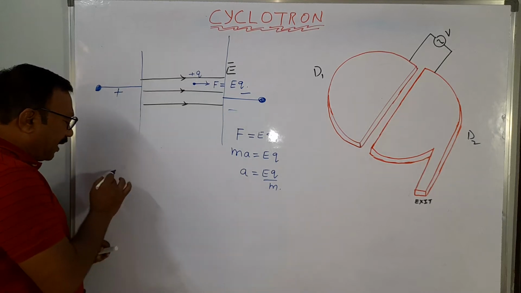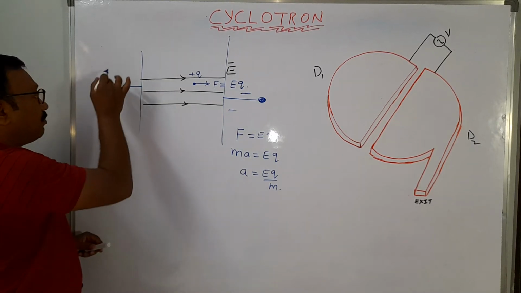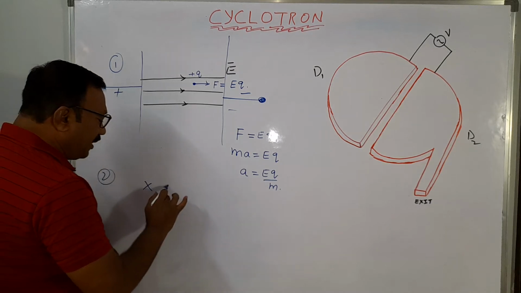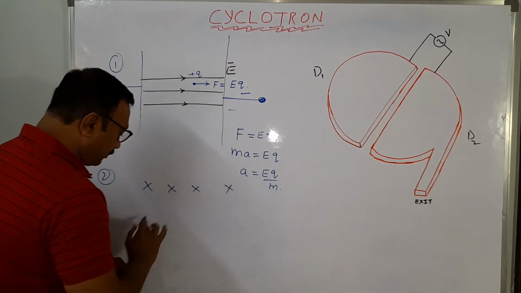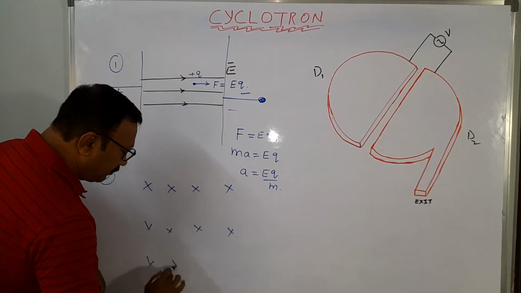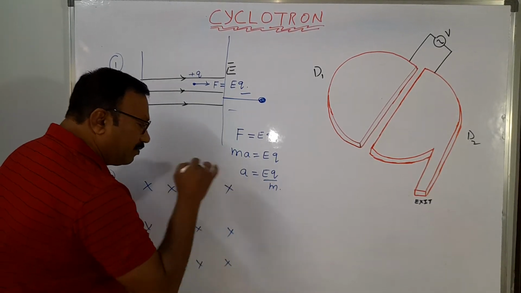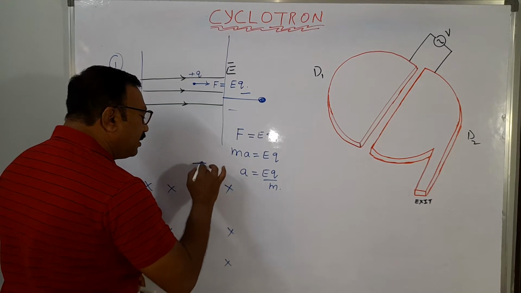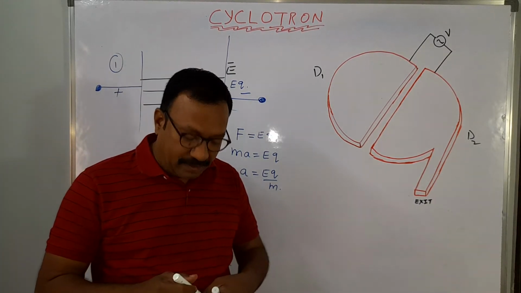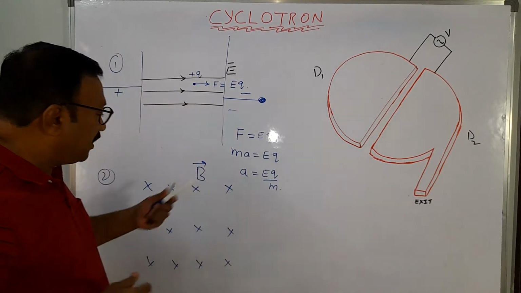Now let me take the magnetic field. This is one part that you have to know. So the second part: you have a magnetic field here. The magnetic field is inward. Let the magnetic field induction be B bar.